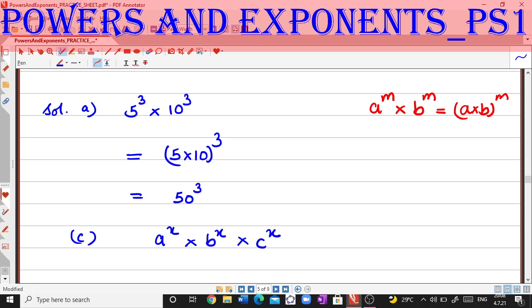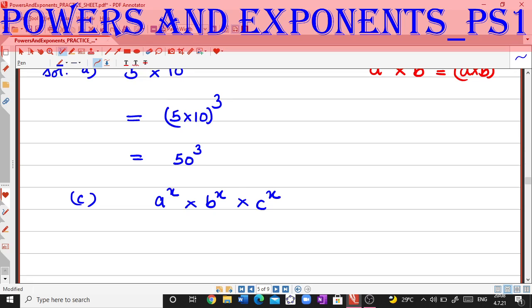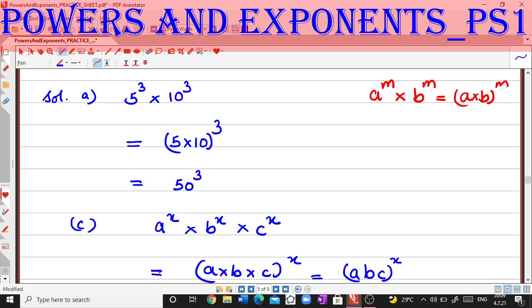But remember, the bases are different, the operation is multiplication and the power is the same. So this is going to be a multiplied by b multiplied by c, raised to the common power x. So it is equal to abc raised to the power x. I hope this question is clear to you guys.